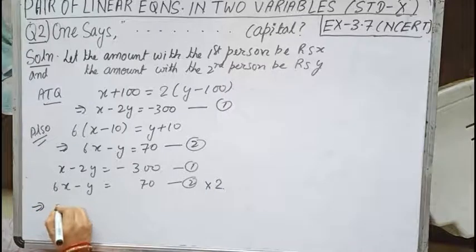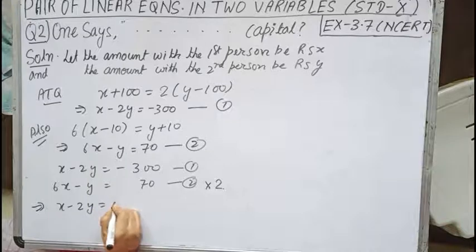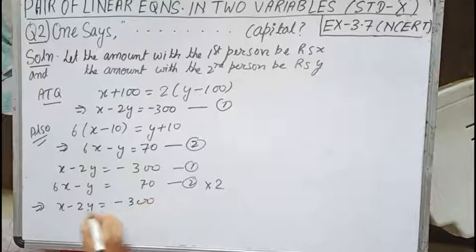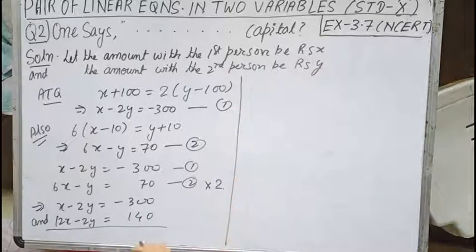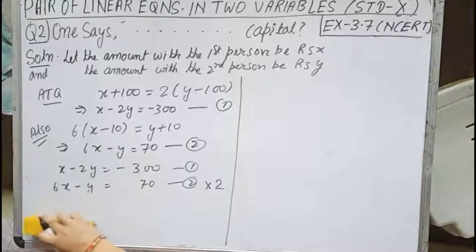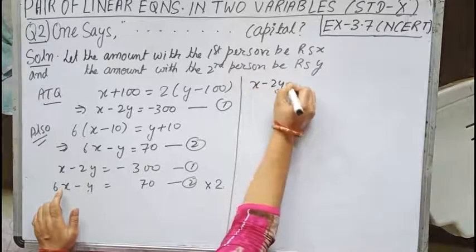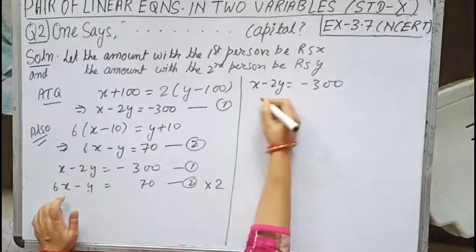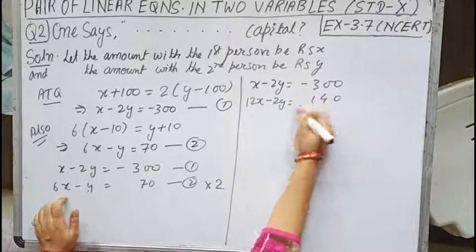So this implies x minus 2y equals minus 300 and 12x minus 2y equals 140. Now space is less. Let me do here itself. So what we will get? x minus 2y equals minus 300 and 12x minus 2y equals 140.